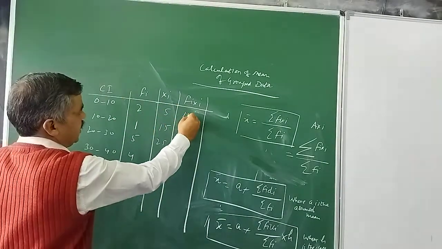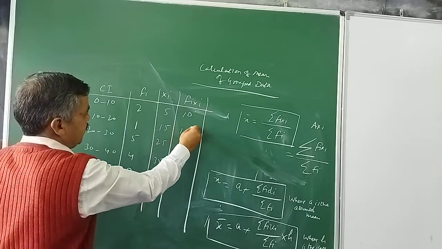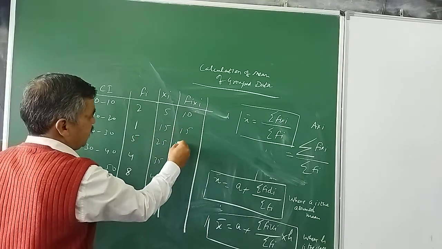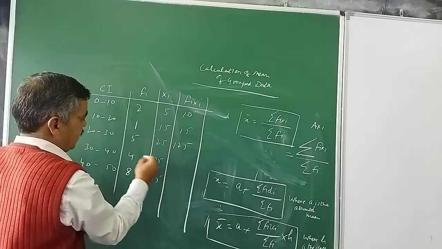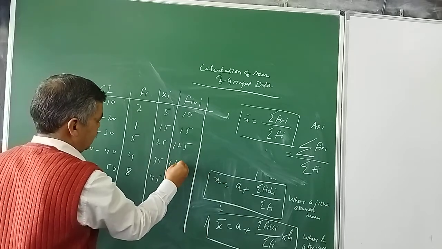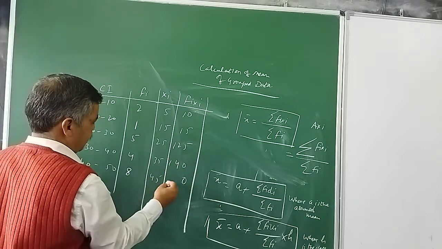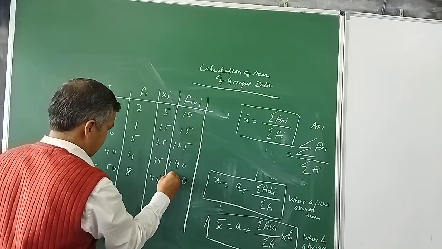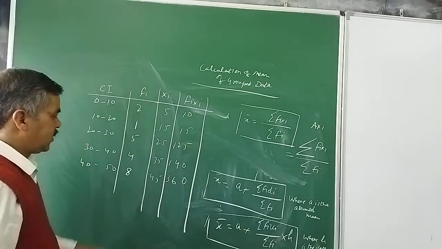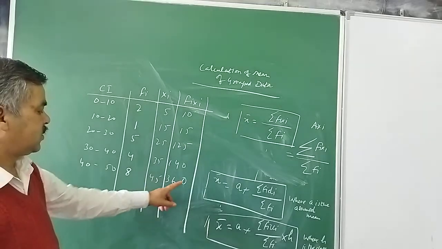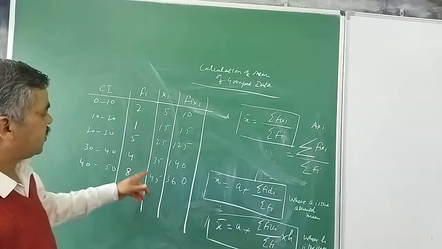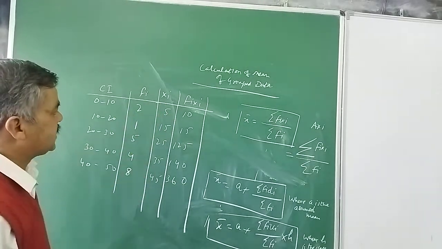So 2 fives are 10, 1 fifteen is 15, 5 twenty-fives are 125, 4 thirty-fives are 140, and 8 forty-fives are 360. So this is the product of fi into xi.